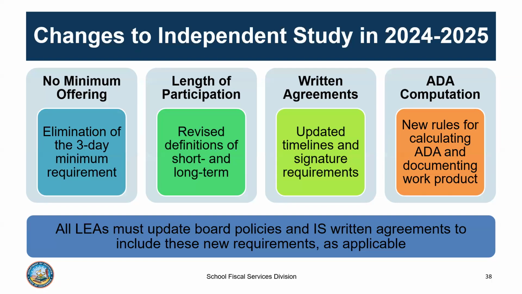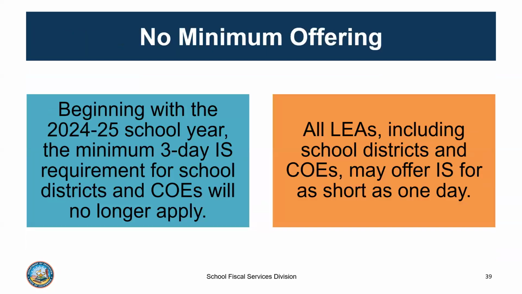The next few slides will review the changes made to the minimum offering, length of participation, written agreements, and ADA computation requirements for independent study that began in fiscal year 24-25. A key change that began with the 24-25 school year is the elimination of the minimum 3-day requirement for independent study.